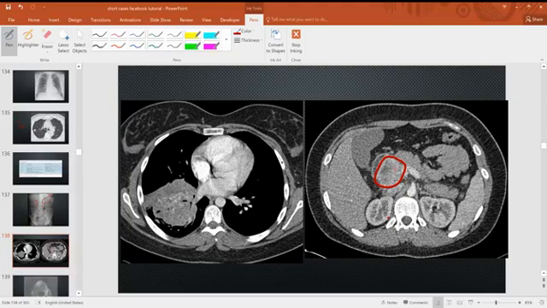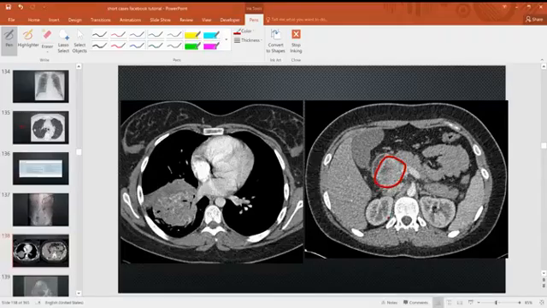Also pancreatic tumor with metastasis to the lung, or vice versa. The patient here proved to have a neuroendocrine tumor both in the pancreas and in the lung. Okay, we can move to the next case.